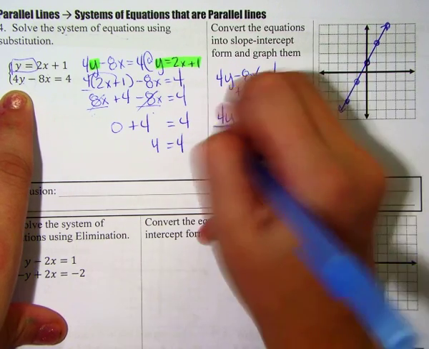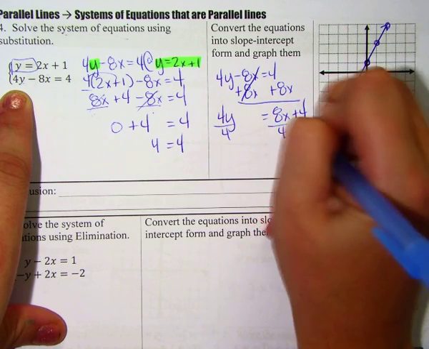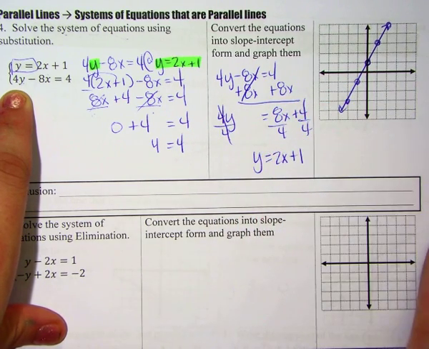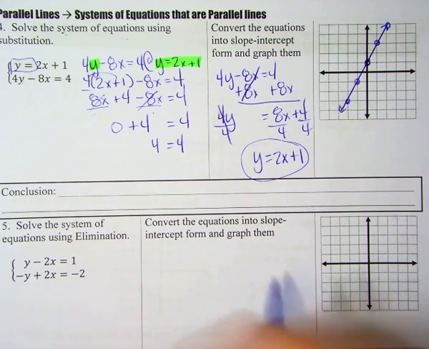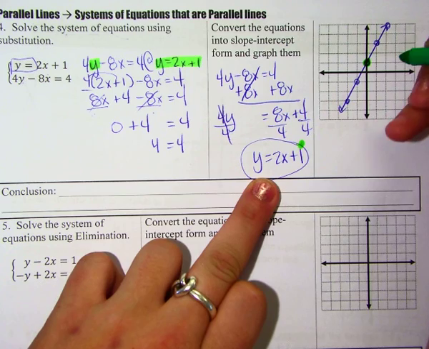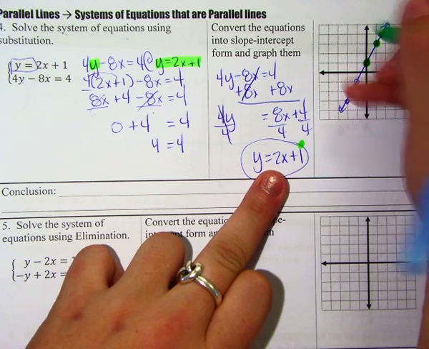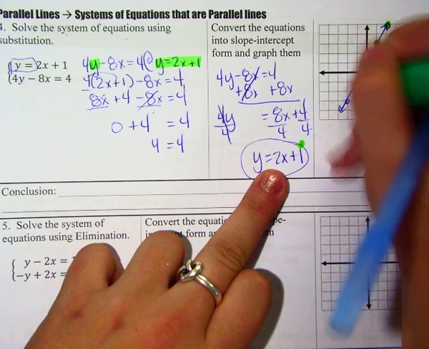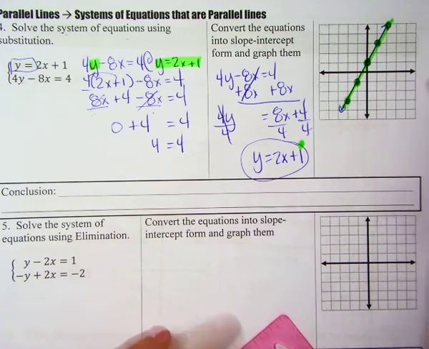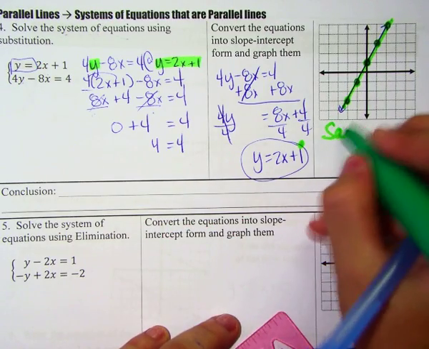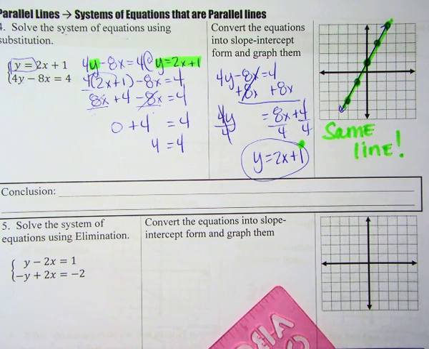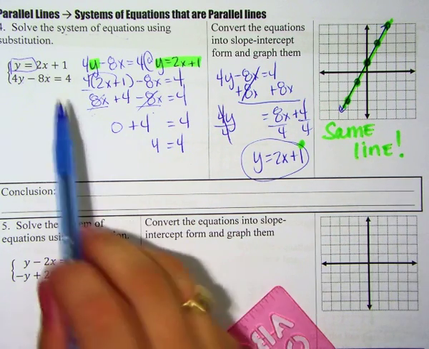Then I need to divide by 4. And I'll go ahead and graph this line in green. My y-intercept is 1. My slope is 2 over 1. So really, it's the same line. This system is 2 of the same lines.